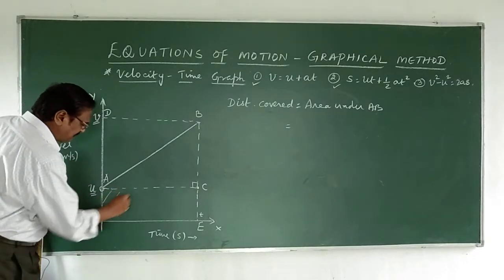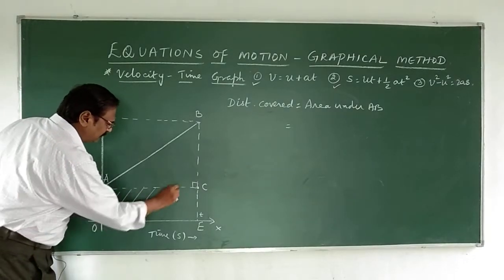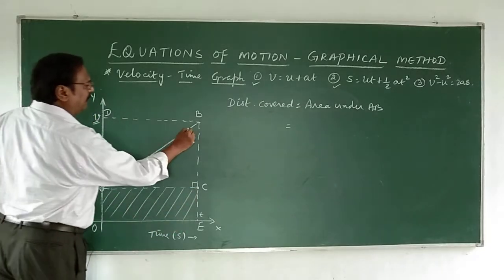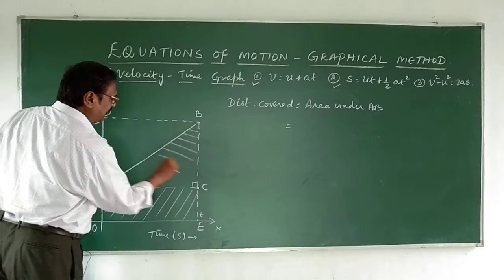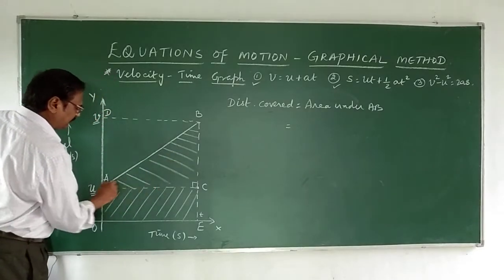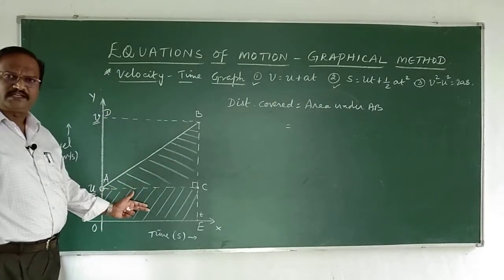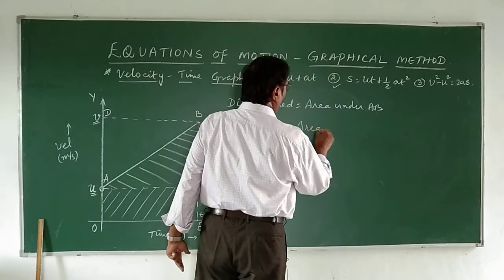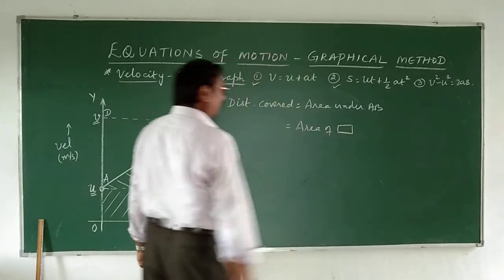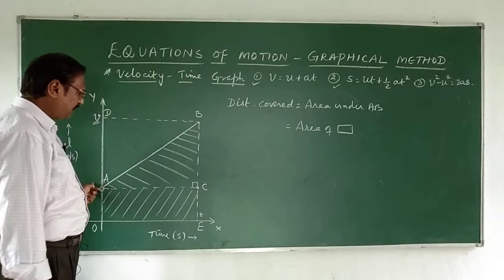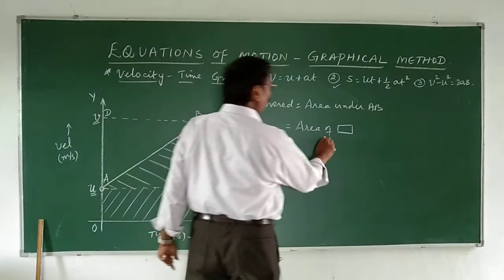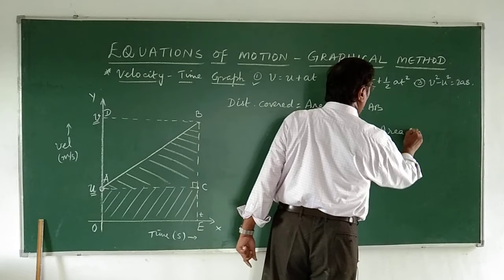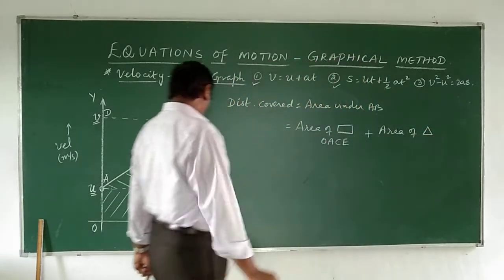It consists of a rectangle with a length and a breadth, and a right-angled triangle. Now we know the area, so individually add them up. The area of the rectangle, OACE, plus the area of the triangle. Which is the triangle we have taken?